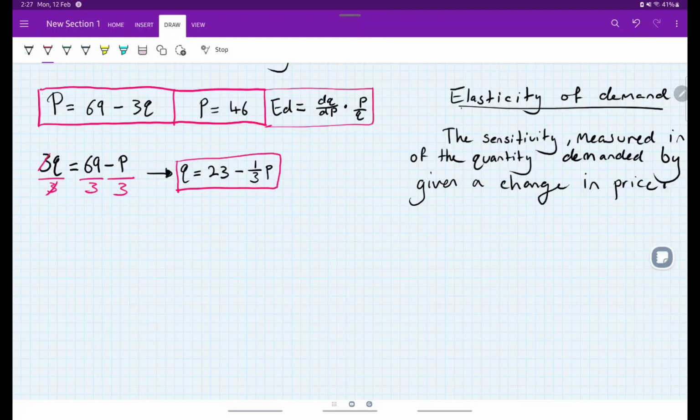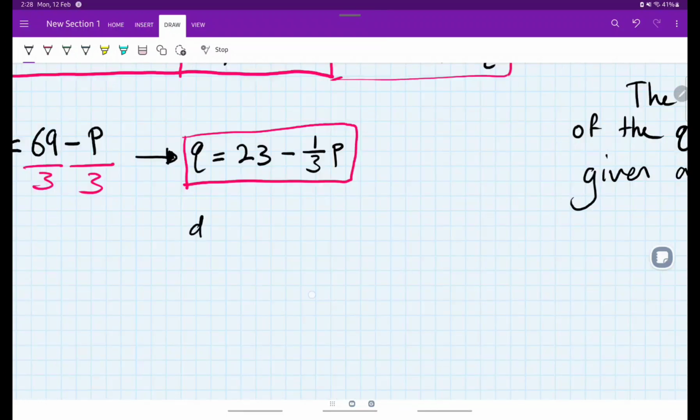So taking that, derivative of a constant is 0, derivative of P is 1 using the power rule.